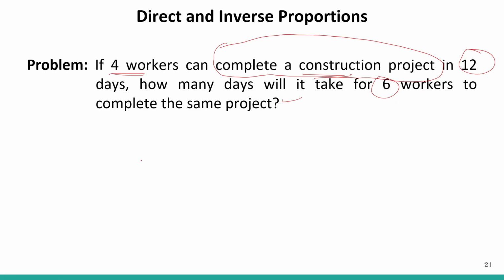We already knew that 4 into 12 must be equal to 6 into x, where x is the number of days here. Their product must be the same; we know this from the product rule. So 12 into 4 is equal to 48, which is equal to 6 into x.